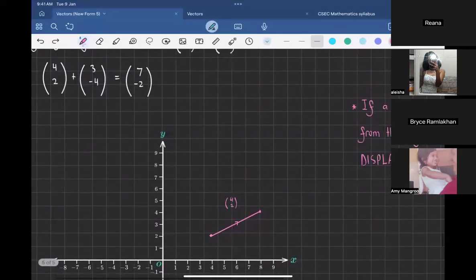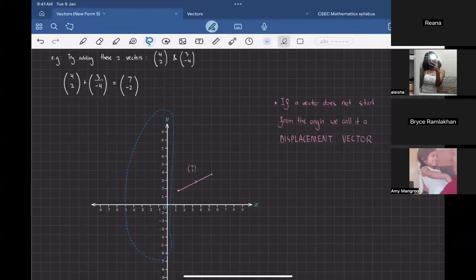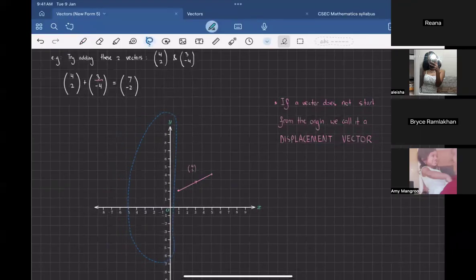The other thing you have to do, you go 3 to the right. I've got to make a little more space here. My bad, 3 to the right.